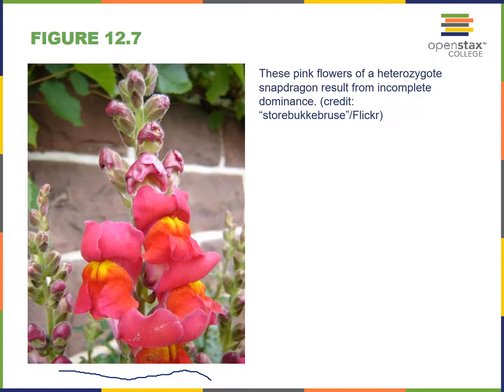So, like I said, we're going to use superscript to denote that this is a special exception to complete dominance. We're going to use a capital C for color. And then the superscript, we'd use an R for red.